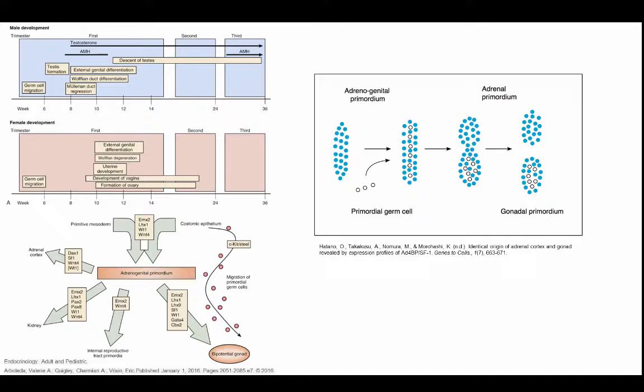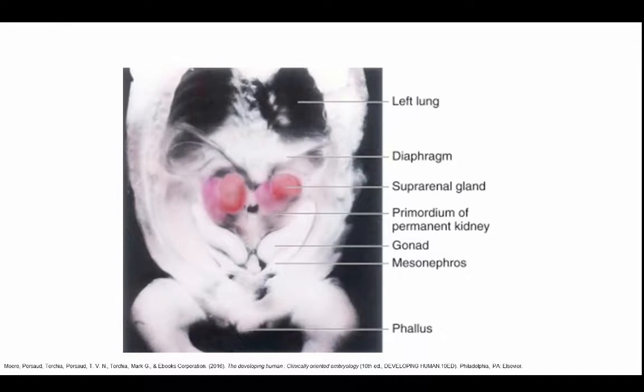This is just showing a timeline of the testes and ovary development during gestation, and again showing the divergent embryologic origins for these two structures and the different cytokines that are implicated in that process.